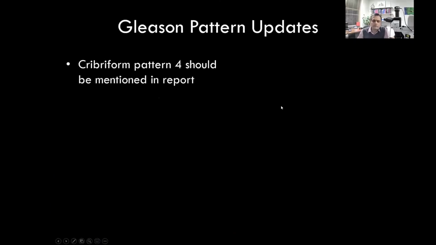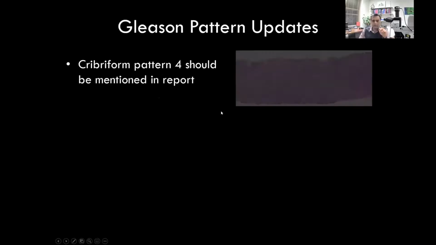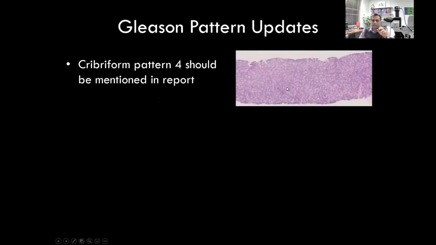Okay? And then some more updates on the Gleason pattern. So this cribriform pattern is one that we have not looked at so far. So here you can see a very easy diagnosis of Gleason pattern 4 because these are cribriform, back-to-back fused glands, right? But the studies have several times showed us that when you have metastasis in prostate cancer, it is this cribriform pattern that tends to metastasize.